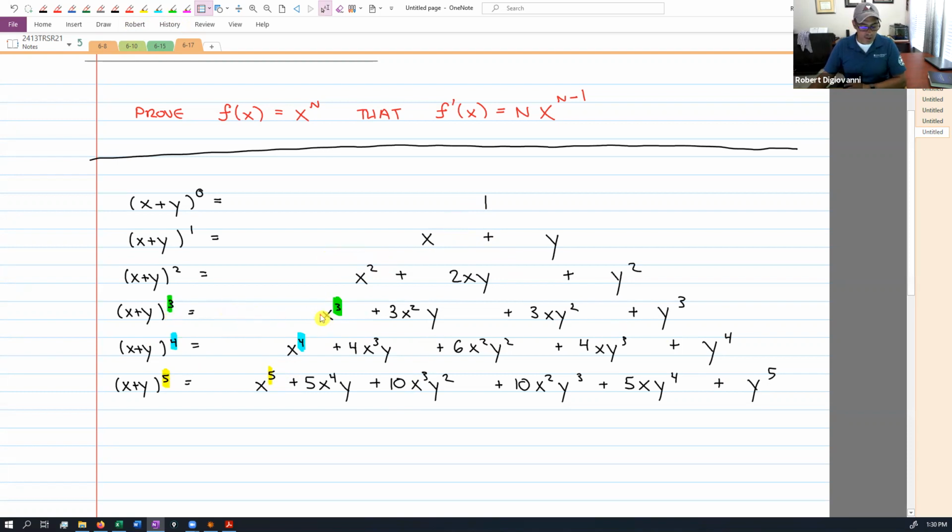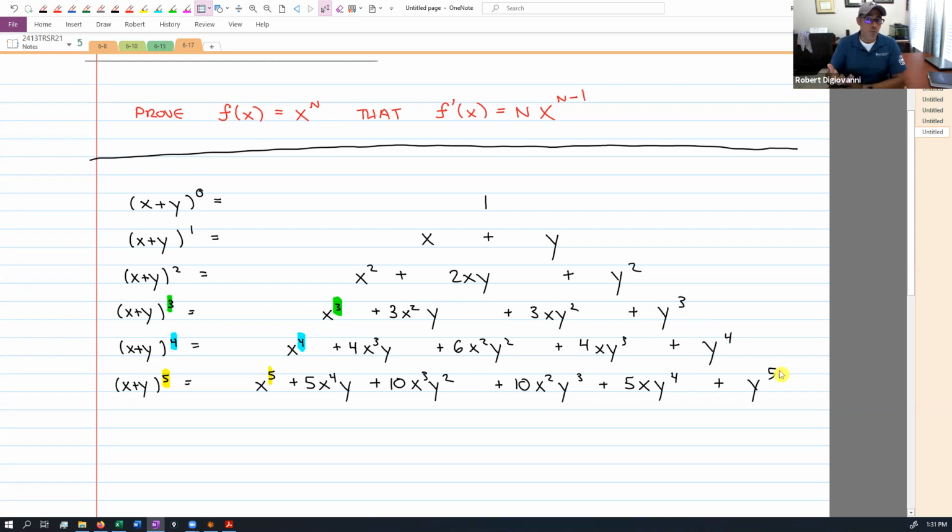And if you go to one of these rows and start moving from left to right, what happens to the powers on the x's? x cubed, x squared, x, and gone. They're decreasing, right? x to the fourth, x cubed, x squared, x, and then gone. x to the fifth, x to the fourth, x to the third, x squared, x, gone, right? So as you move from left to right, the powers on the x's go down.